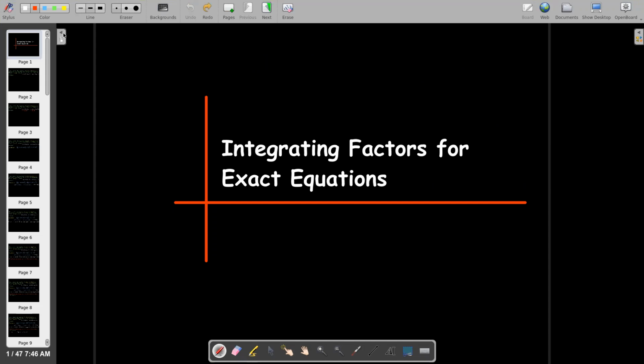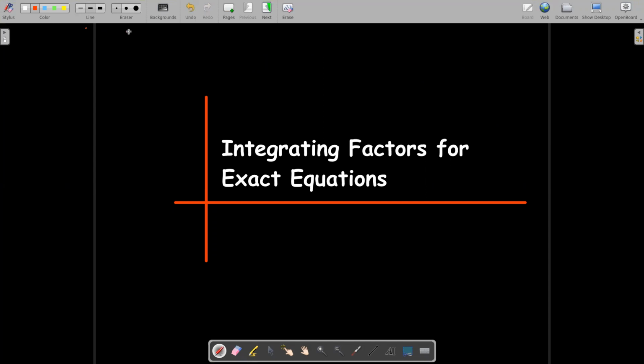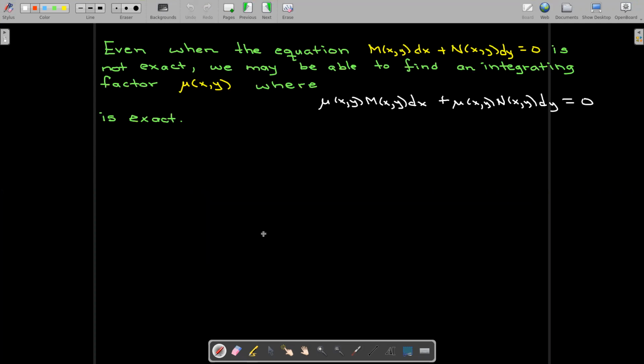In this short video, we're going to learn another technique which may help us take an inexact differential and turn it into an exact differential using an integrating factor. So the idea is, even if I have a differential equation which is not an exact differential equation, we may be able to find a new function.